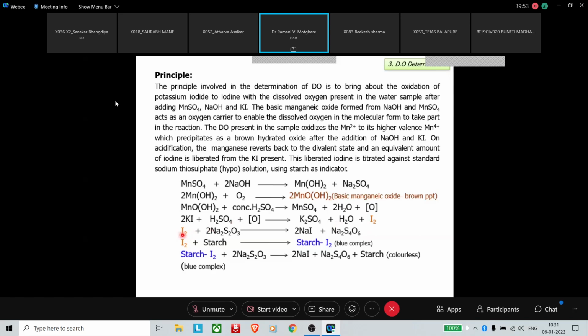Now this iodine I2 plus 2 Na2S2O3, sodium thiosulfate, gives formation of 2 NaI plus Na2S4O6. This is sodium tetrathionate. Write down sodium tetrathionate here.